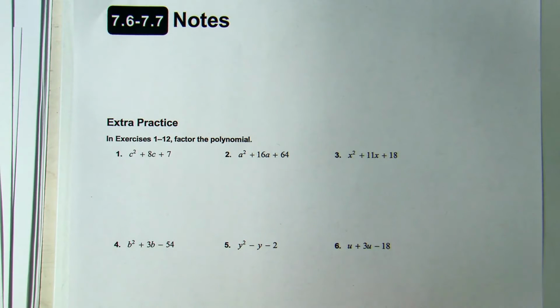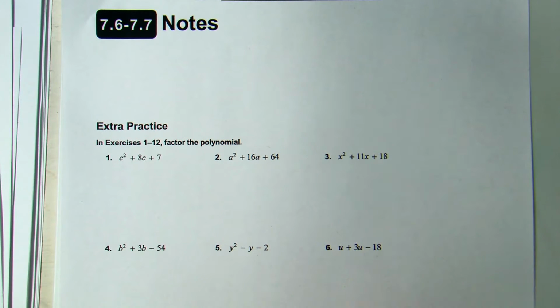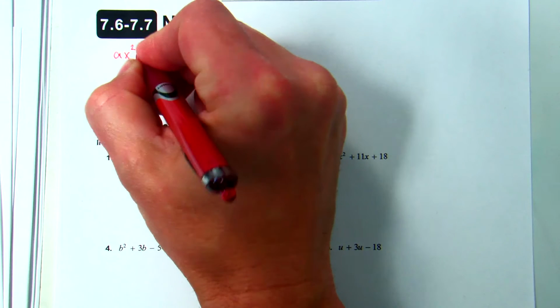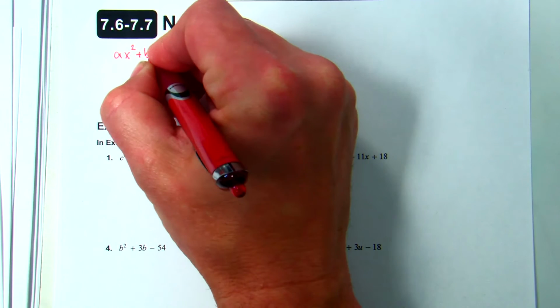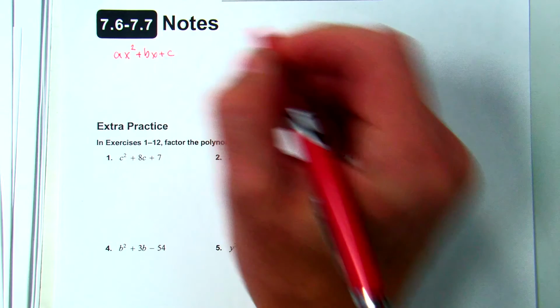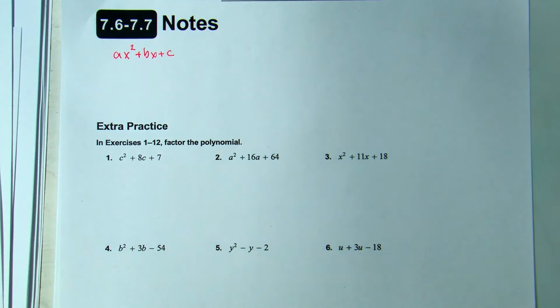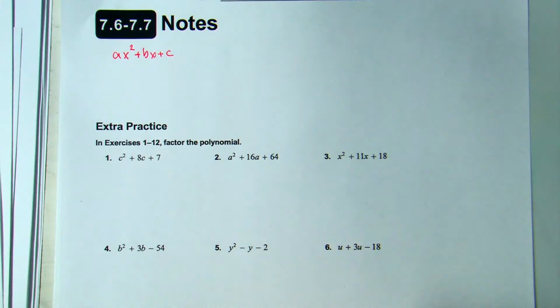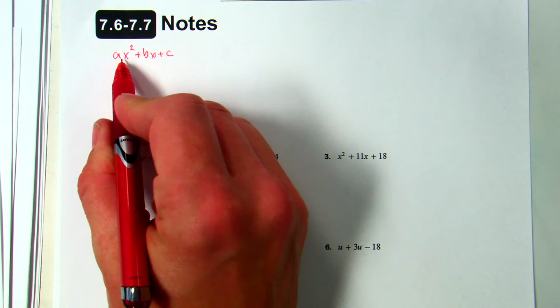So let's get started. First of all, we want to make sure that our polynomial is in the form of ax squared plus bx plus c. And these letters just represent the location of the terms. This is the first term, the squared.